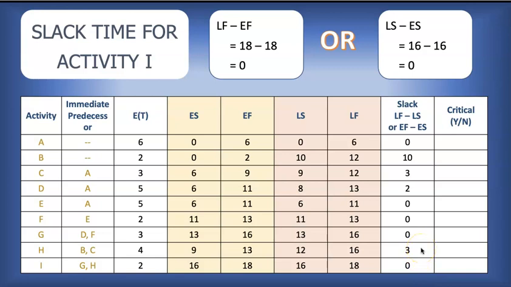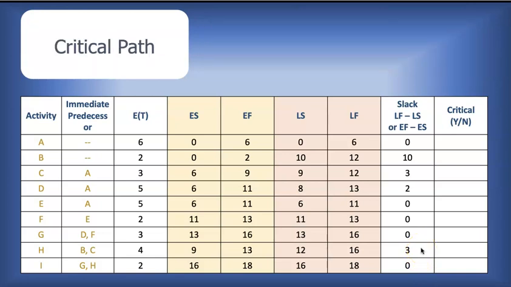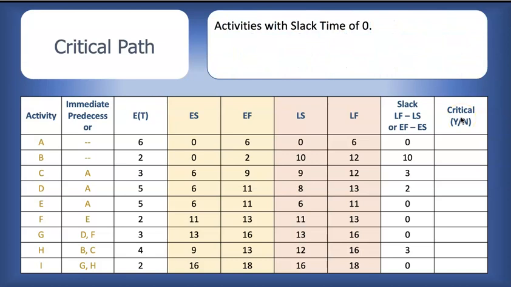So we can now jump straight to our critical path. And for the critical path, we need to identify for each activity if the activity is critical or not. So remember, the critical path is the activities with a slack time of 0, also representing the longest pathway through the project. So activity A, 0, yes.